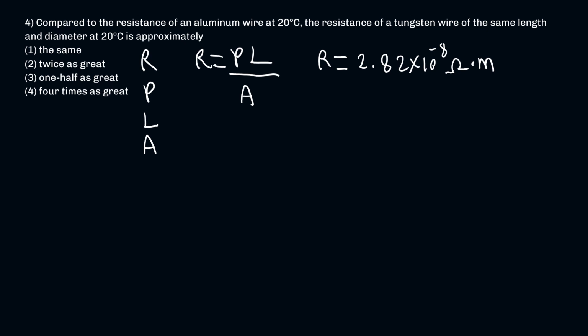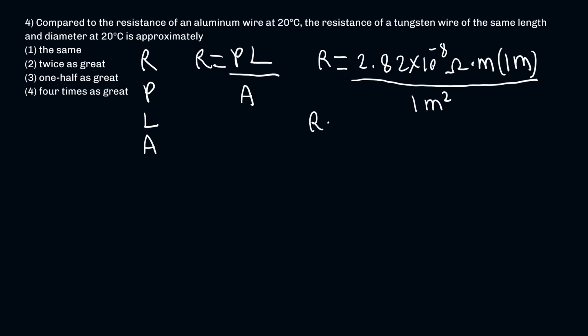Since we're not given actual values for length and diameter, but they say they're the same, we can just plug in 1 for both situations. So we're going to say the length is 1 meter, and we're going to then also say that the area is 1 meter squared. So if you do the quick math on this, it's just 2.82 times 10 to the negative 8th times 1 over 1.